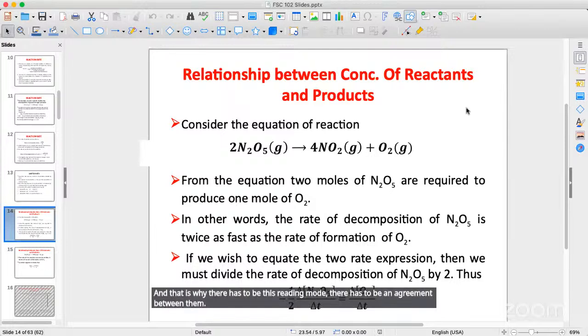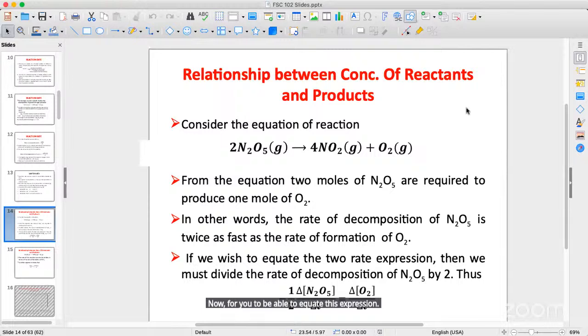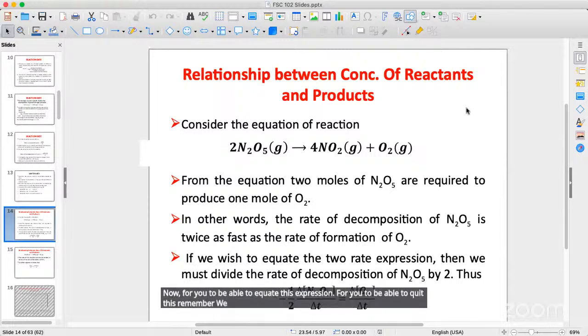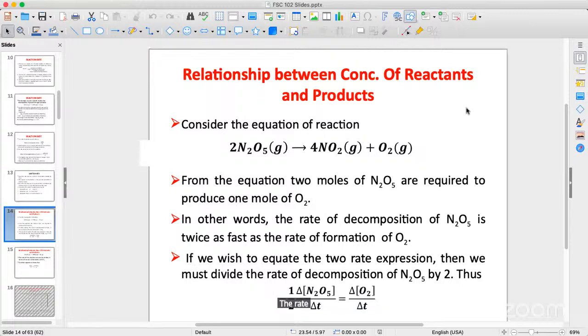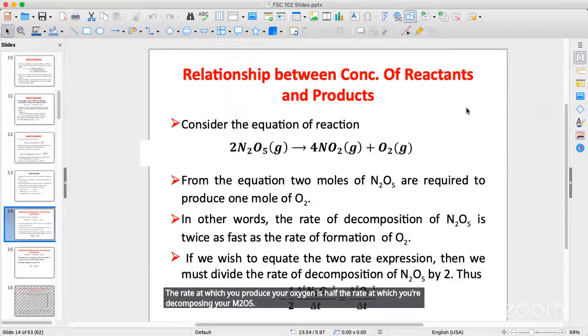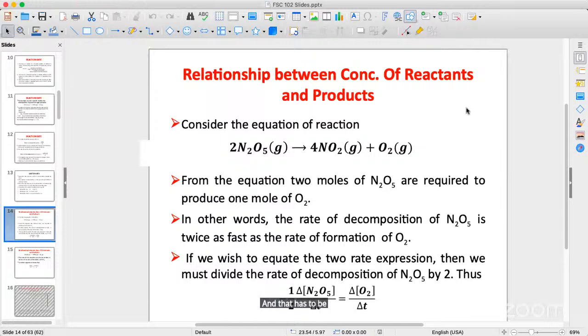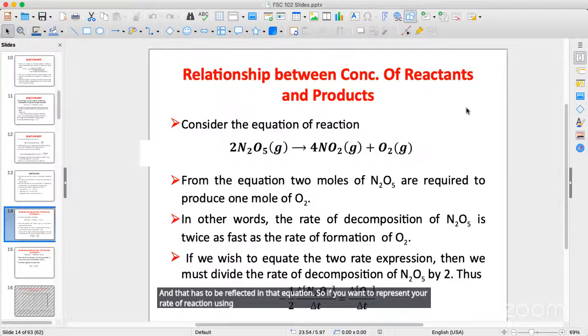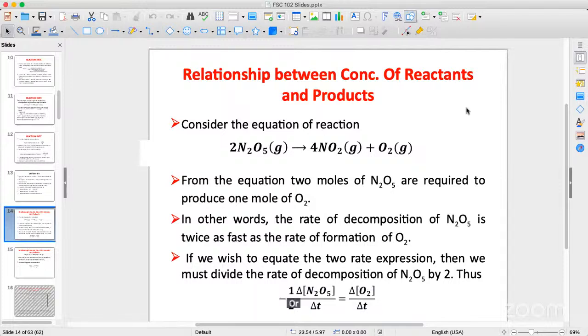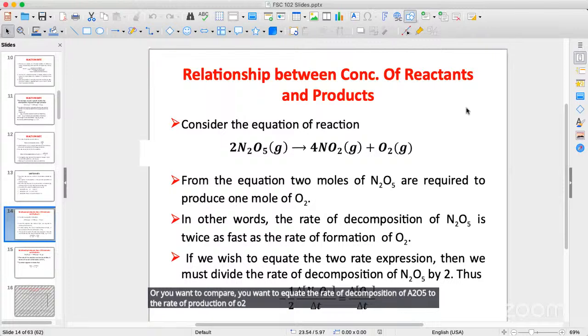For you to be able to equate this expression, remember we already said that the rate at which you produce oxygen is half the rate at which you're decomposing N2O5. And that has to be reflected in the equation. If you want to equate the rate of decomposition of N2O5 to the rate of production of O2, then that too has to be reflected.